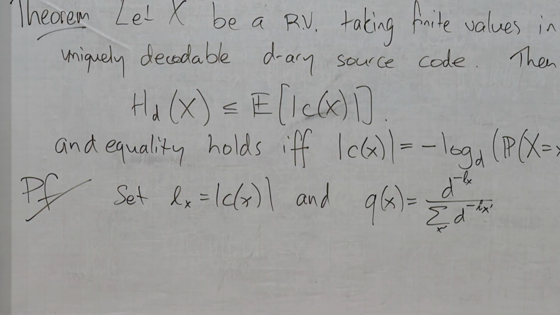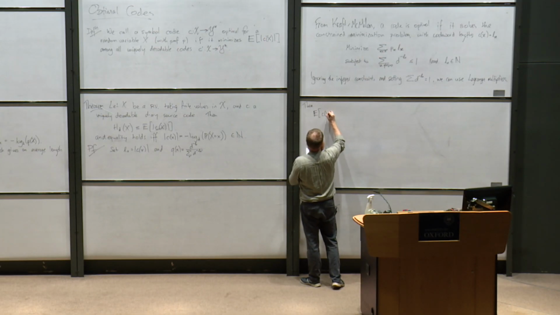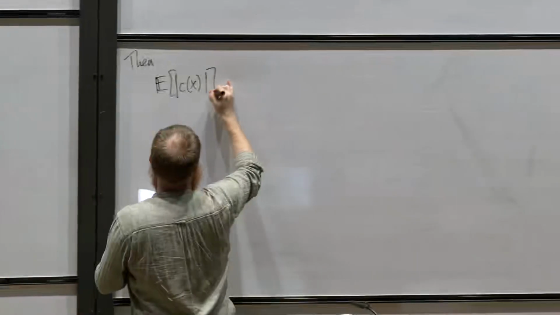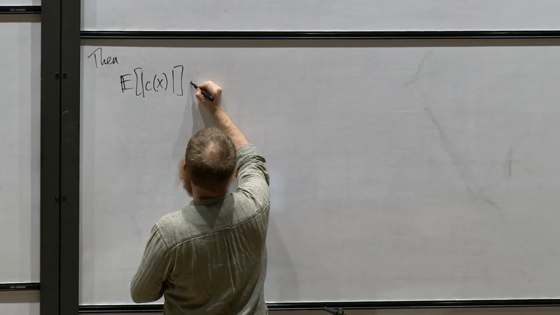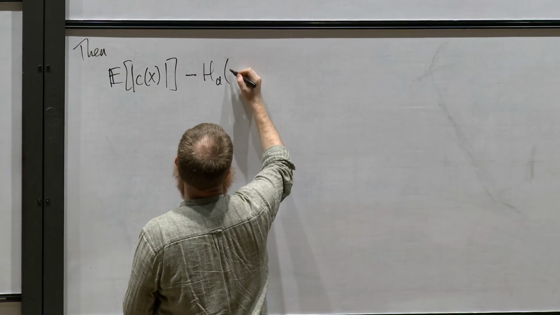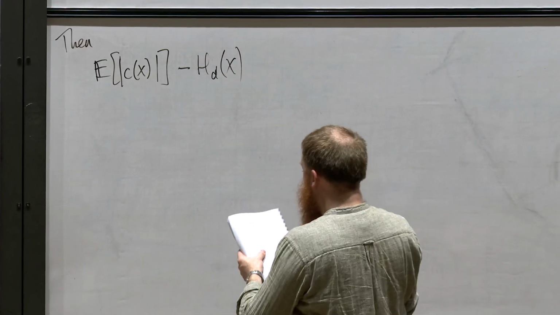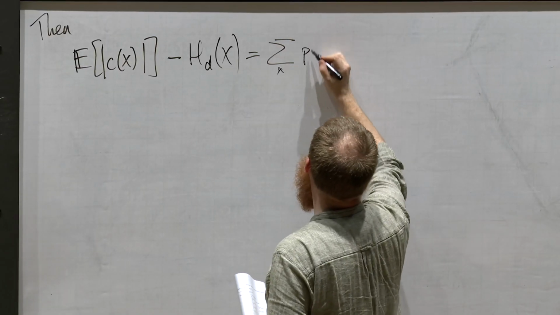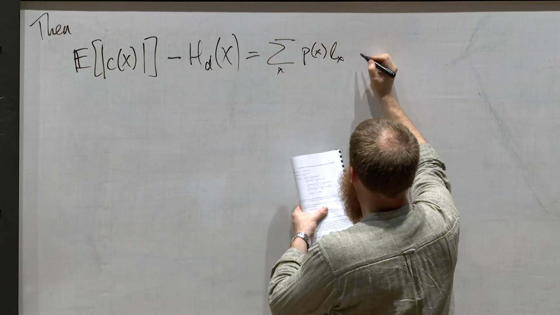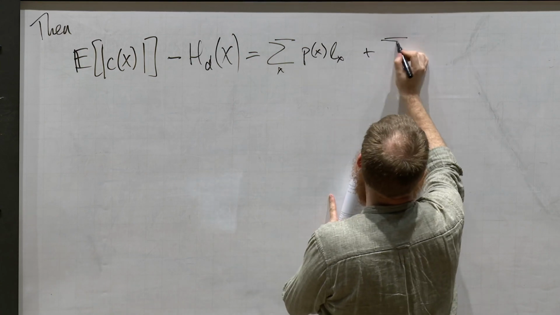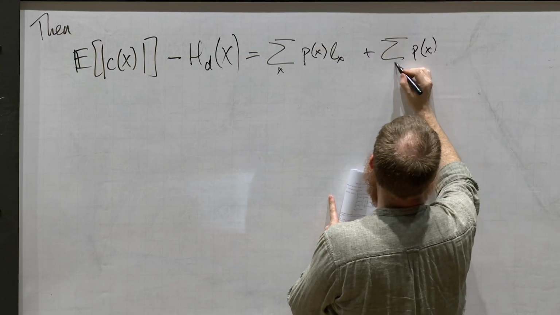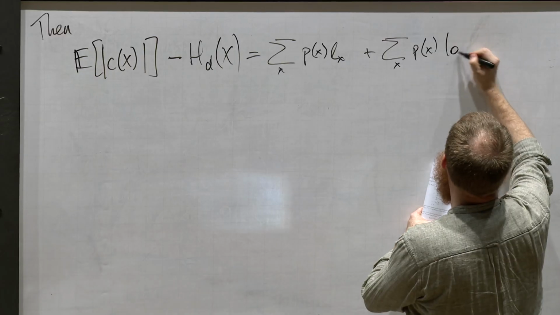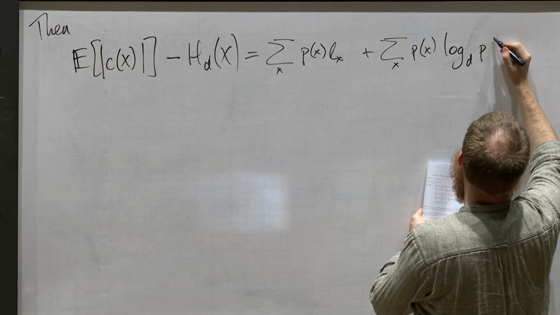Use a new board. Big calculation. So then the expected code word length minus the D entropy. Well, let's just write out what these terms are. So this is the sum over x of p(x) L(x) plus the sum over x of p(x) log_D p(x).